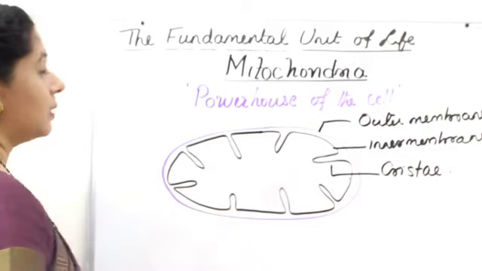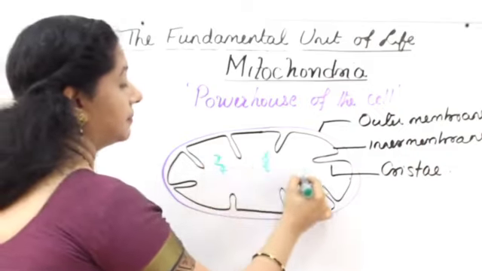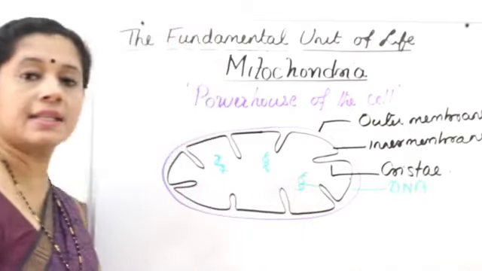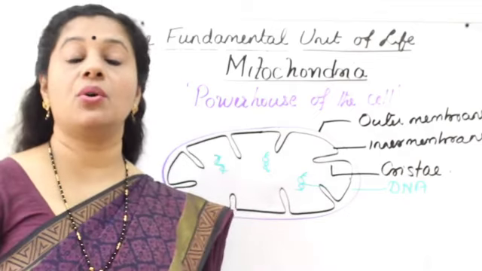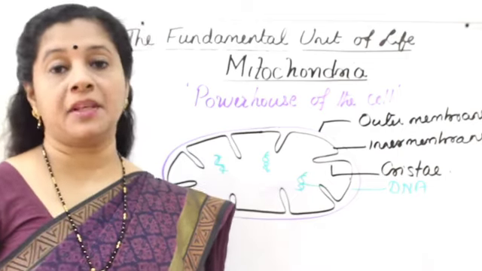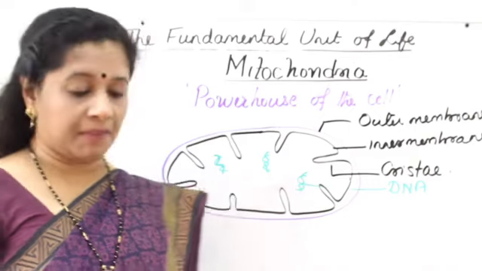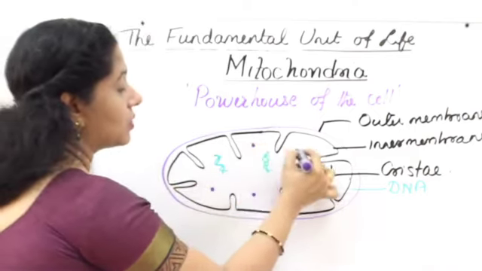Now within this we will see DNA. We know DNA is usually found only in the nucleus. But apart from nucleus, these two organelles that we are studying, mitochondria and chloroplast, they have their own DNA. So they are called strange organelles because no other organelles have their own DNA. So along with the DNA, they have ribosomes also.